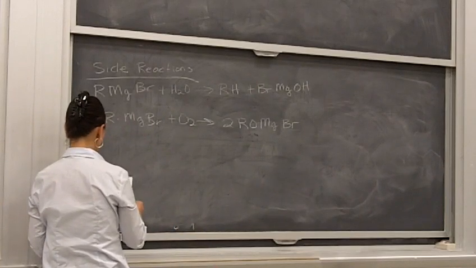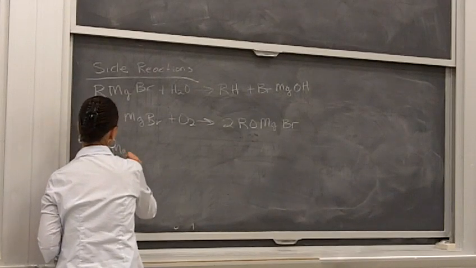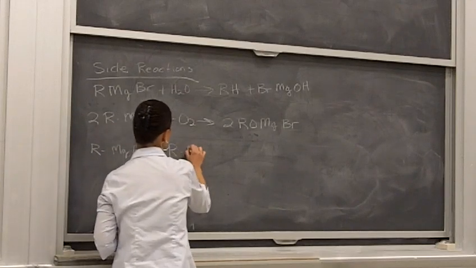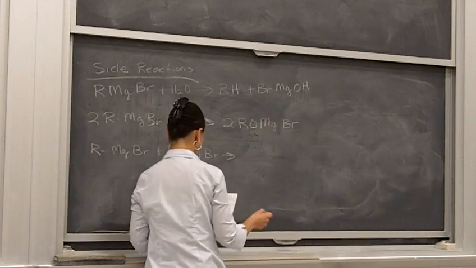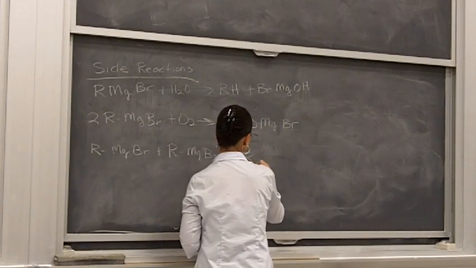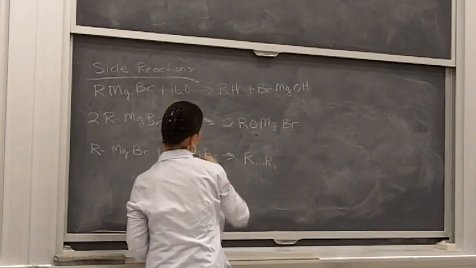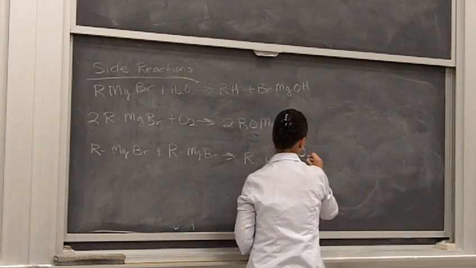Now the other thing that can happen is our Grignard reagent can react with itself. And so then you get basically the dialkyl compound of our Grignard reagent plus magnesium bromide.